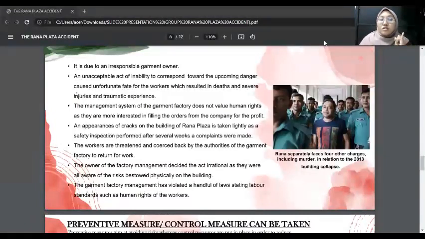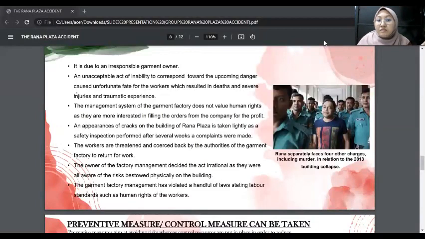And if they disobeyed, their wages would be cut and they would be fired from work. And most of the workers are women, who suffered the most during the accident.